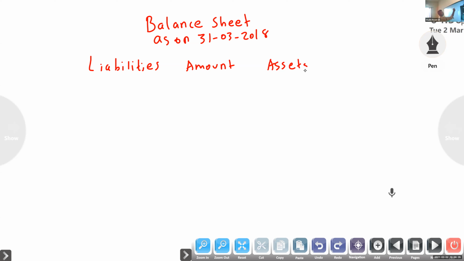Balance sheet as on 31st March 2018. Liabilities, only two items, amount, assets, amount. From this question we have to prepare closing balance sheet. If they prepare opening balance sheet also no problem. So stock, asset or liability, Karthik?